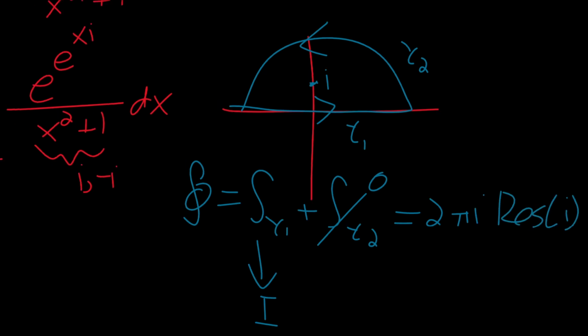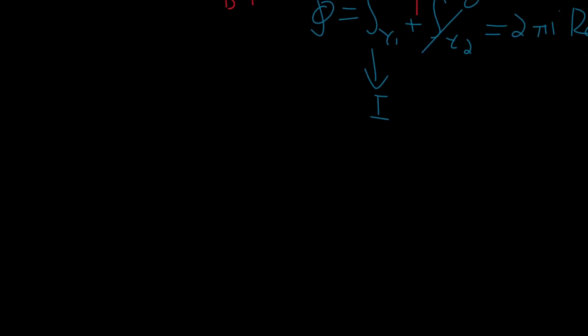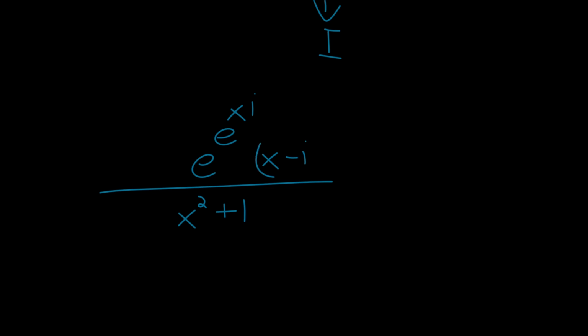And now it's just a question of calculating the residue at i of this function right here. And let's do that real fast, shall we? What we have is e to the xi divided by x squared plus 1, and then we're going to have x minus i right here, and the limit as x approaches i.